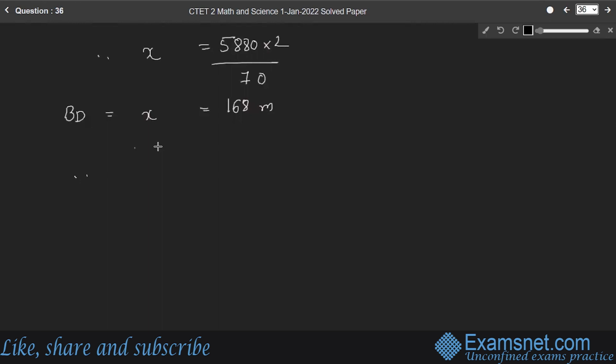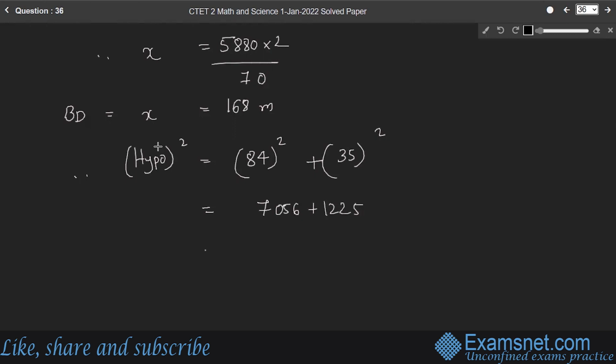So hypotenuse square is equal to, base is 84, so half of one of its diagonals squared plus half of the other diagonal, that is 70, its half is 35, squared, which is equal to 7056 plus 1225, that is 8281, and therefore hypotenuse is equal to 91 meters.